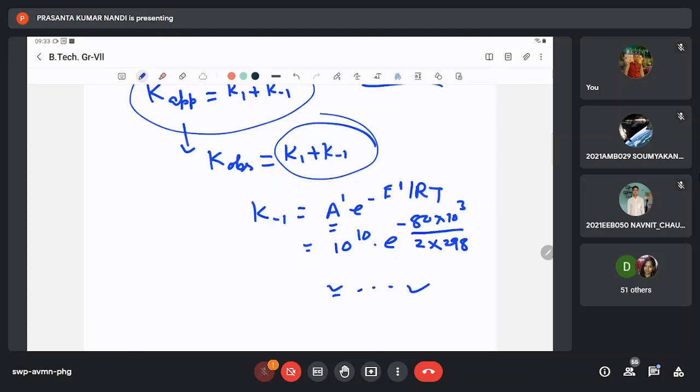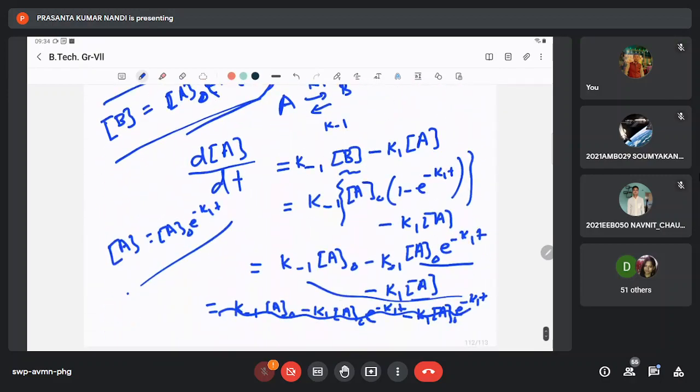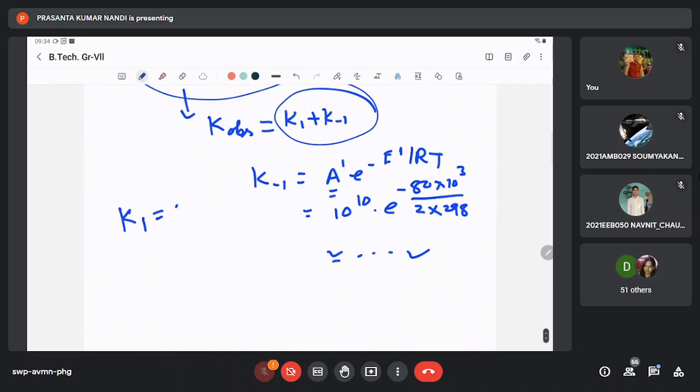Now once you know this, you can calculate the forward reaction rate constant from this equation. Equilibrium constant is given as 10 to the power 6, so 10 to the power 6 times the backward rate constant k inverse. This is known, so put it here. So you can calculate k1.